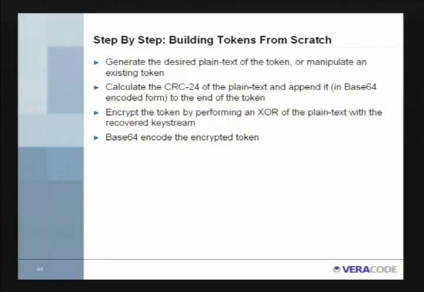We calculate the CRC24 of that plain text, using our reference code, and append it to the end of the token in base64 encoded form. So those 4 characters that we saw before. Encrypt the token by performing an XOR of the plaintext with the key stream that we recovered in the earlier steps. That's our process of encrypting. And then finally, base64 encode that encrypted token so that it's in the same format as what we originally saw. And when you do that, you can see other people's statements.